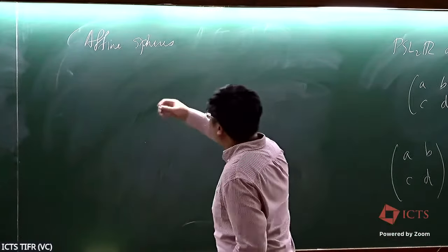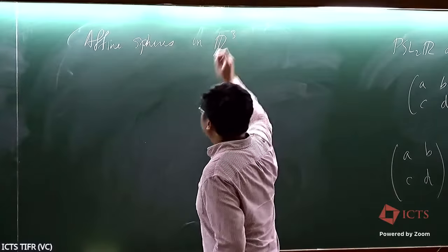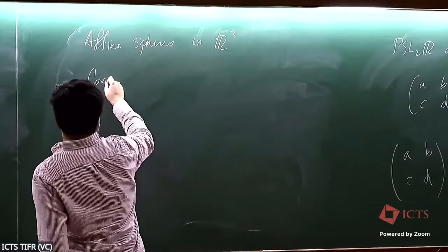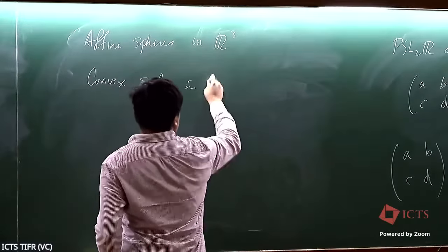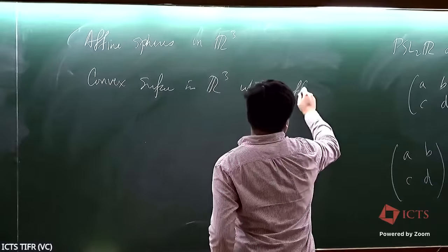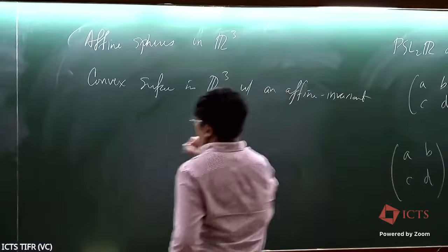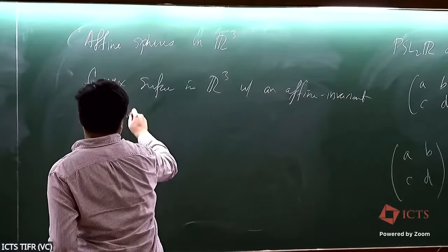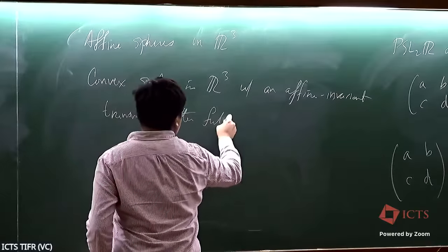And what we'll do is affine spheres in R3 again. Okay, so I have some convex surface in R3 with an affine invariant transverse vector field, eta.